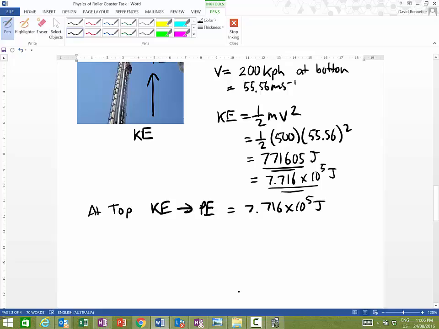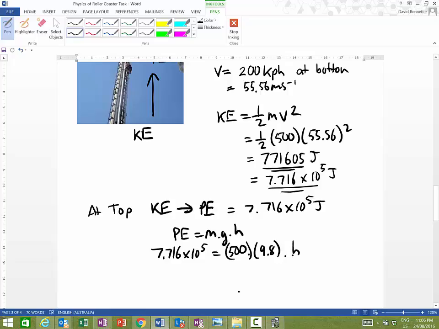Now, potential energy is equal to m times g times h. So I know that 7.716 times 10 to the 5 equals the mass, 500, times gravity, and we can either use 9.8 or 10, it doesn't really matter, and then the height.